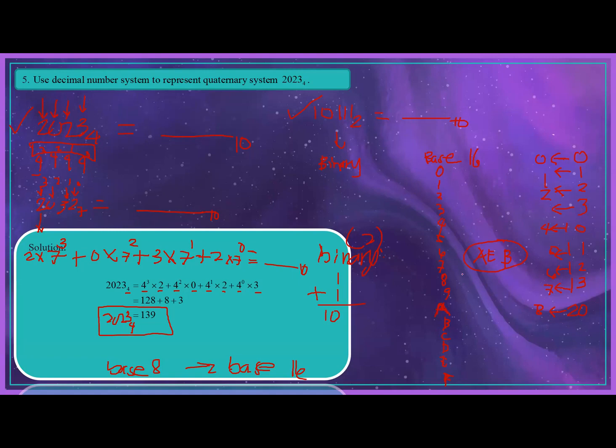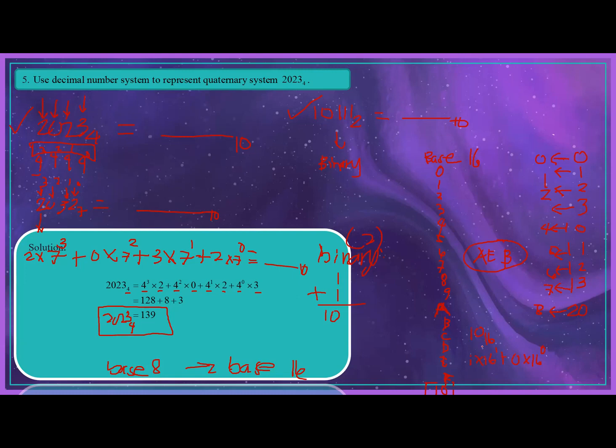So then after that, you start at 10. Basically 10 base 16 would be 1 times 16 raised to 1 plus 0 times 16 raised to 0. Wait, am I right?